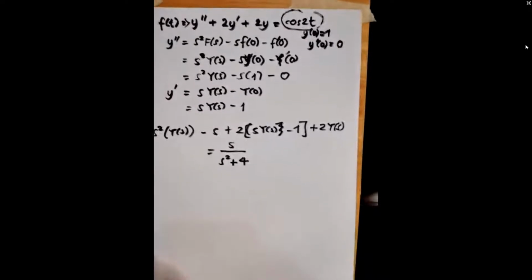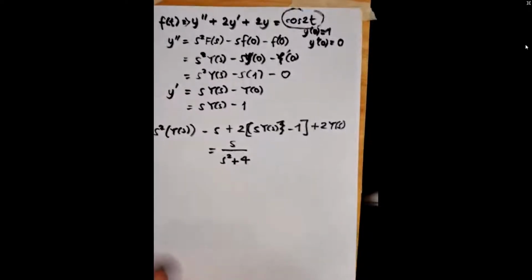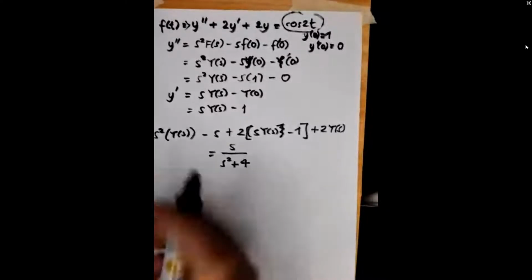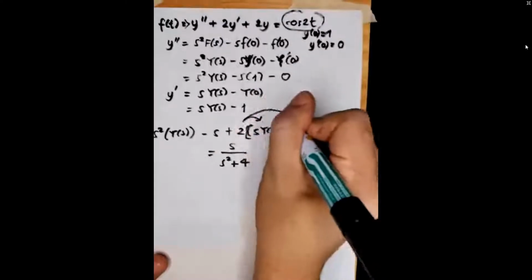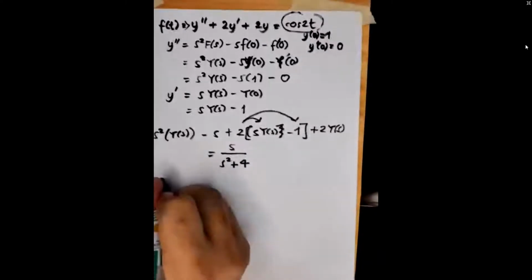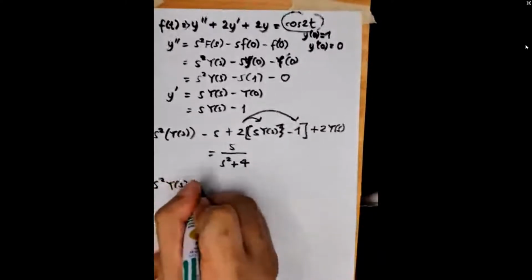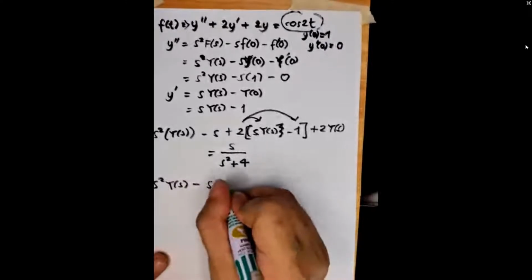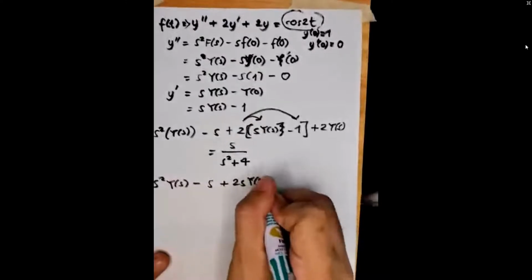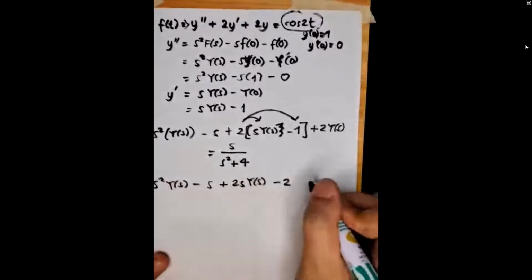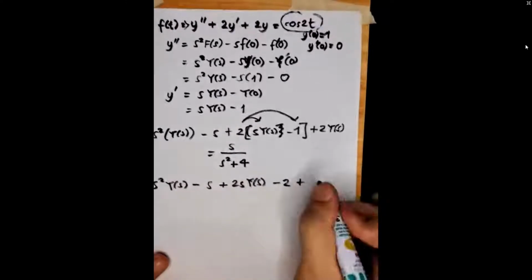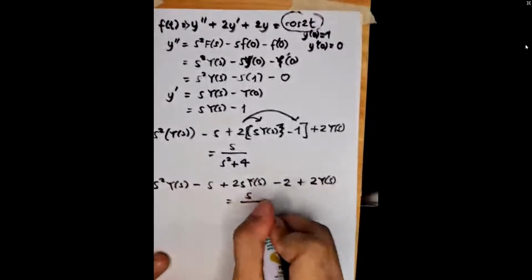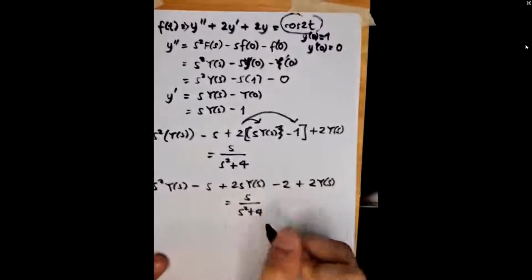And then we'll simplify. So we'll distribute this one. So I'll have s squared y of s minus s plus 2s y of s minus 2 plus 2 y of s is equal to s over s squared plus 4.